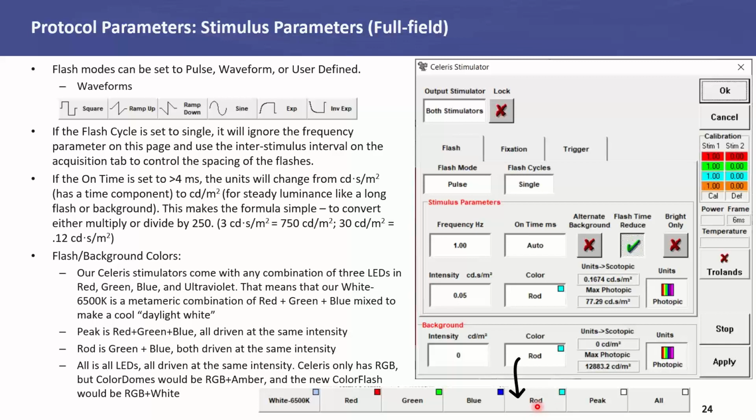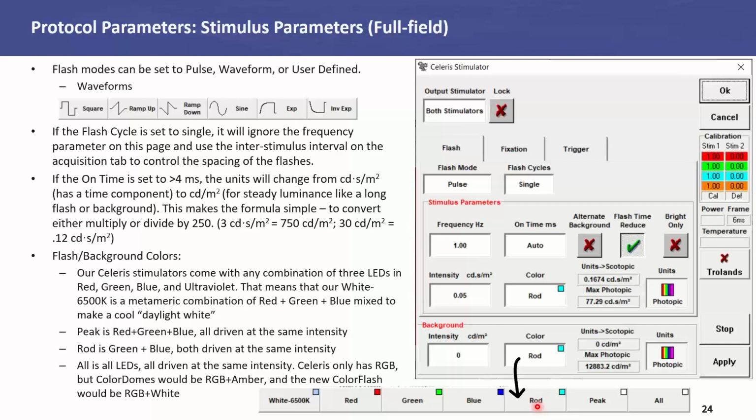Rod is actually a really great color for stimulating rodents because it's better than white, because white is red, green, and blue with quite a lot of power actually coming from the red, which they can't see very well, whereas rod is entirely green and blue.